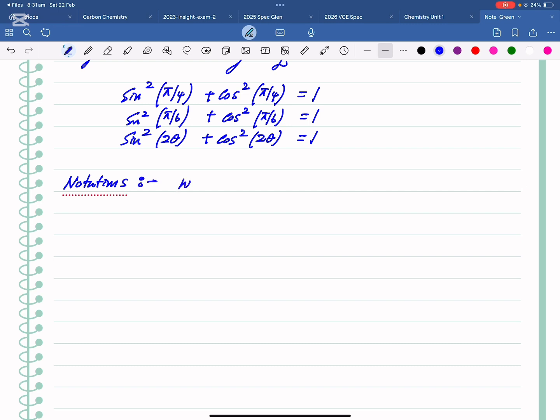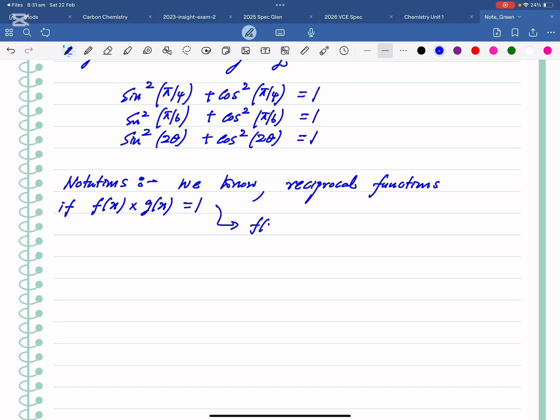So we know from grade 8 reciprocal functions, right? So what is a reciprocal function? If f(x) multiplied with g(x), another function, is equal to 1, we call f(x) and g(x) reciprocal to each other.